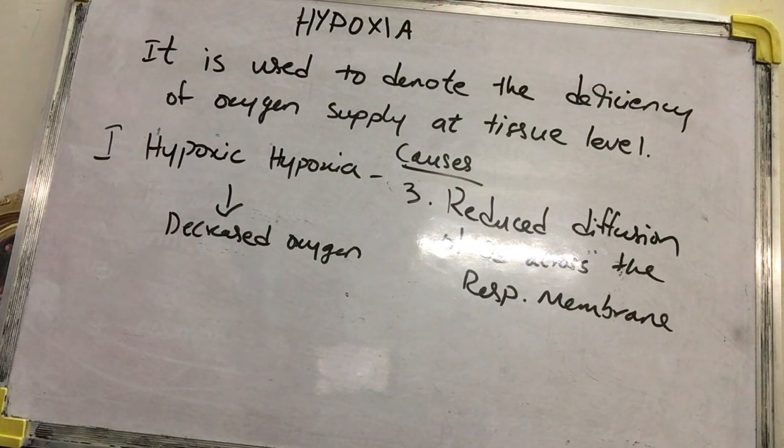If any area of the membrane is not functioning, there will be reduced diffusion of oxygen, leading to hypoxic hypoxia.